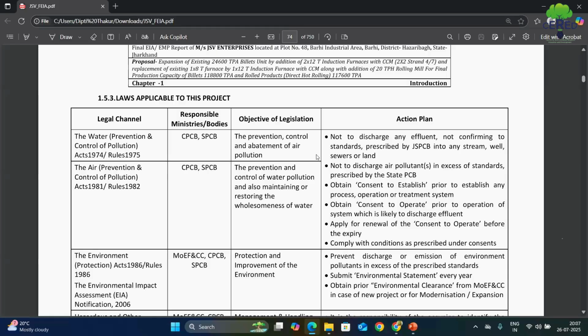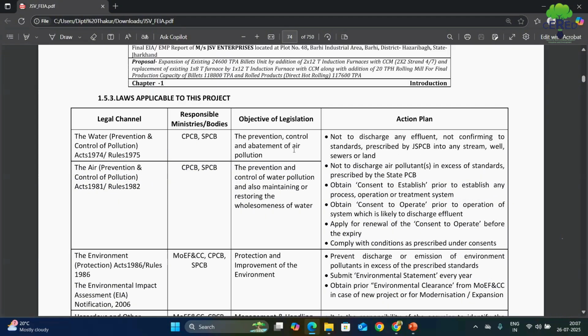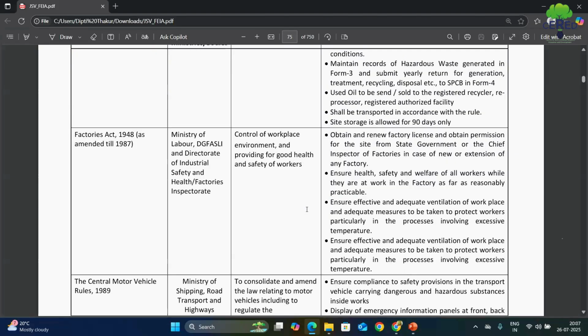The basic objectives of the regulations are prevention, control and amendment. Based on the objective, we have an action plan for all the pollution points which arise from the installation of the project.